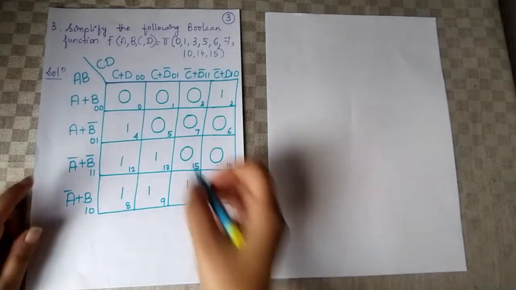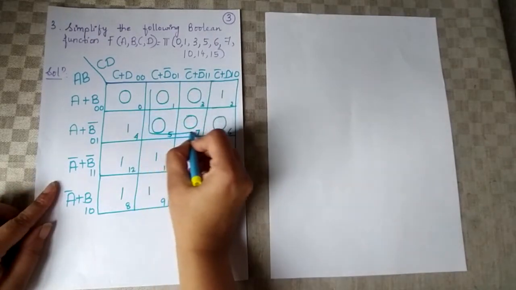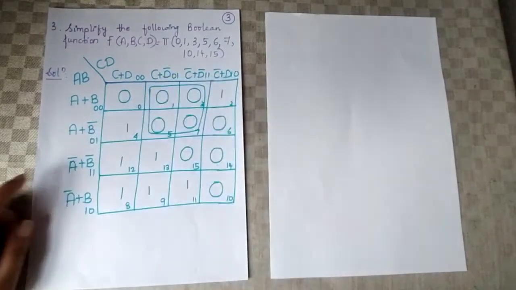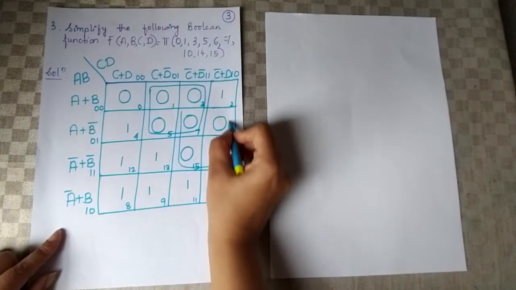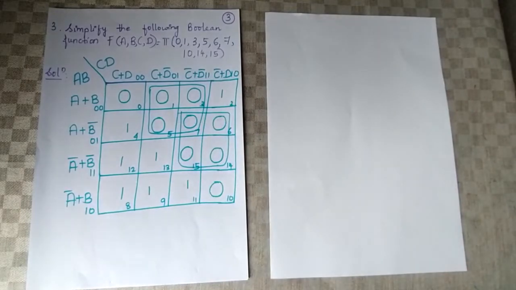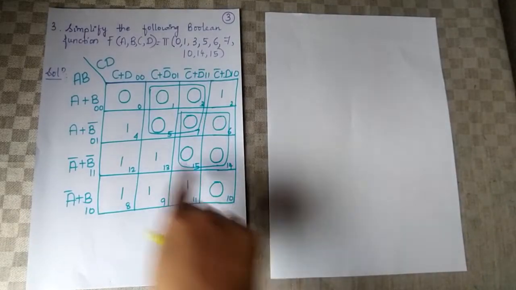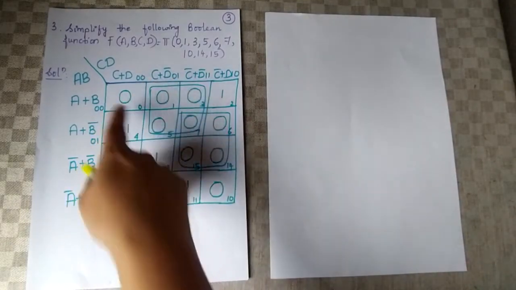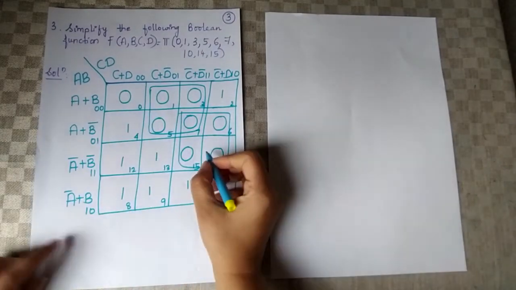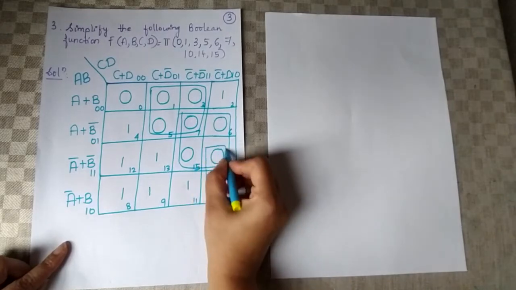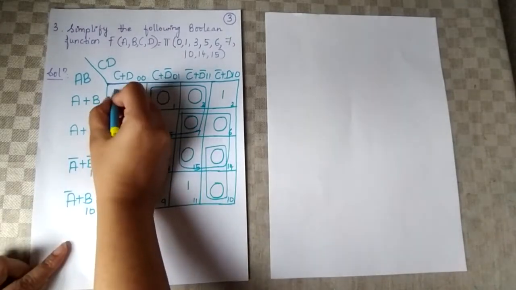Yes, we do have one quad here. I can even combine this second quad here. Then we are left with one 0 here and one 0 here. Is there any possibility for these zeros to form a quad? No. Then we have to finally go for pairs here.